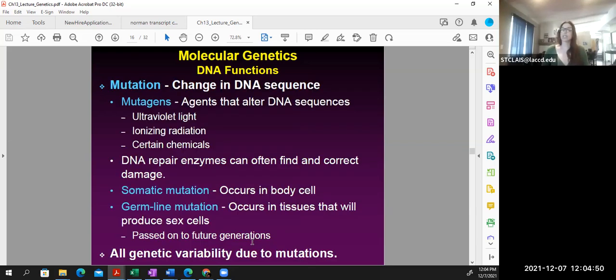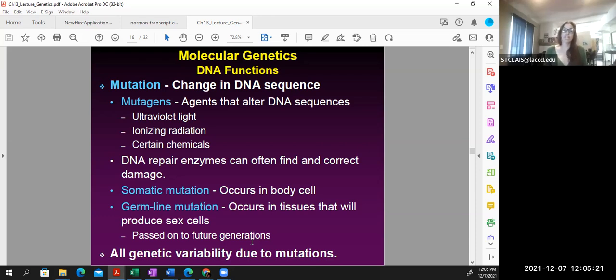Okay, so mutations, these are possible way for changes to occur in the DNA sequence. If you remember when we talked about chapter 12, I mentioned that the process of meiosis is going to give us new genetic combinations, but it's not possible to get completely new genes by that process. Okay, so mutations, though, are a possibility, and they're caused by mutagens.